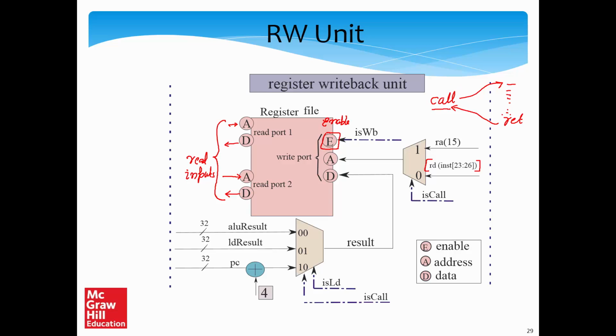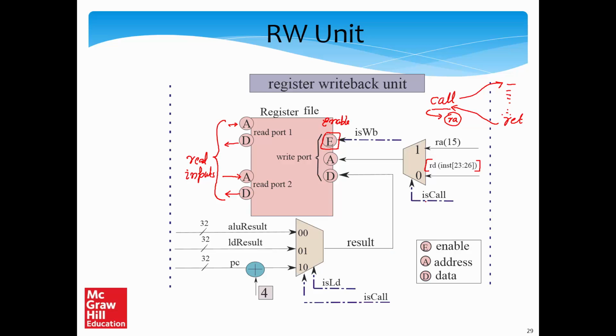So when we call a function, we are supposed to write the return address into the RA register, or R15. So the call instruction is associated with a register write, because the return address, which is the address of the next instruction after the call, needs to be written into register R15 or RA. So thus a register write is involved.